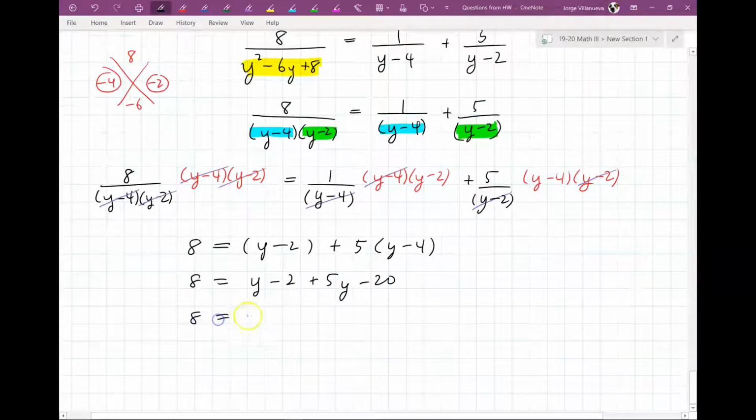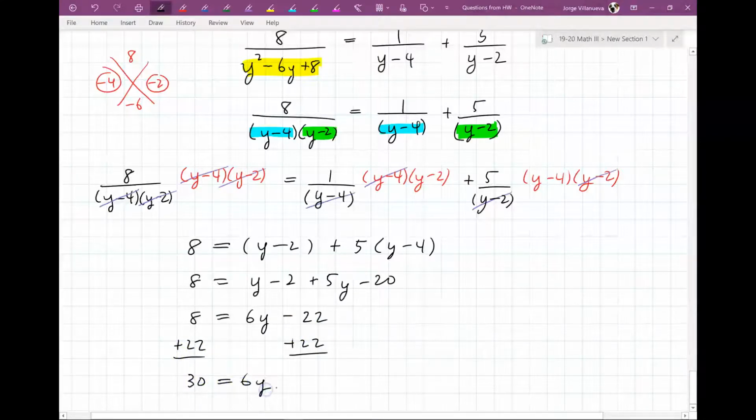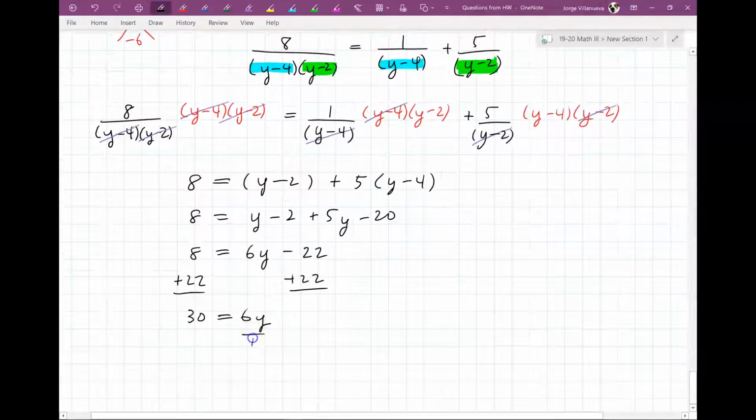So 8 is equal to 6y minus 22. So we'll add 22 to both sides. So 30 is equal to 6y. So if you divide by 6, you get y equal to 5. So there's your answer. y would have to equal 5.